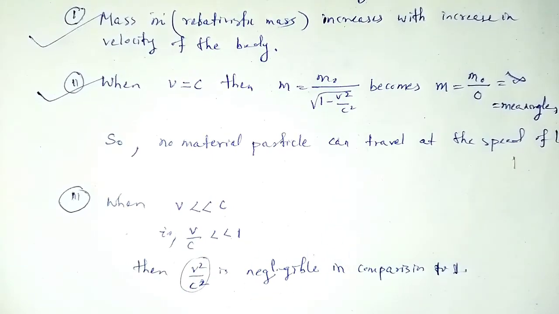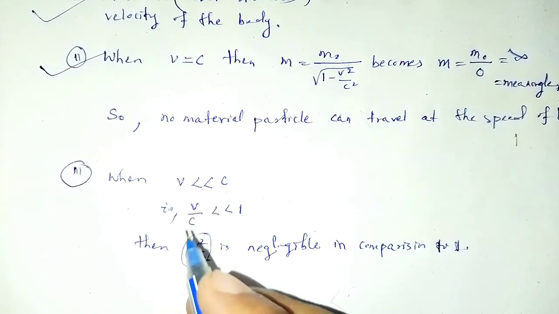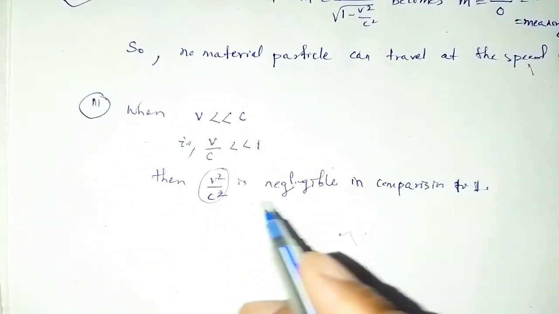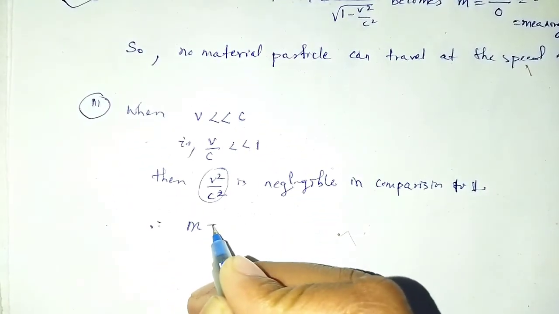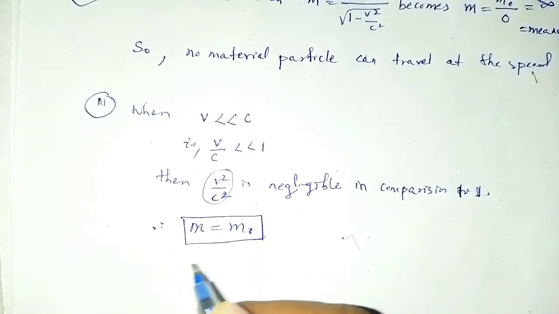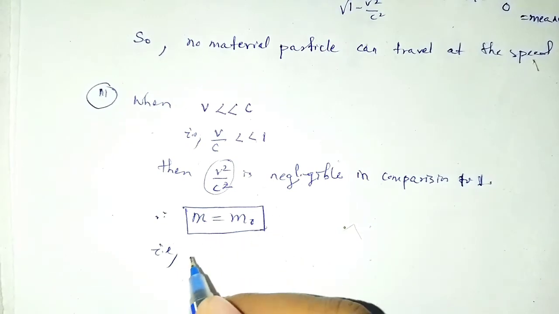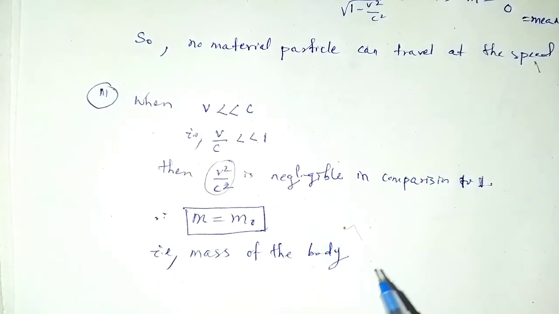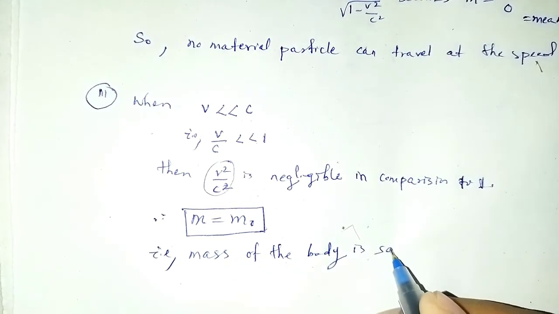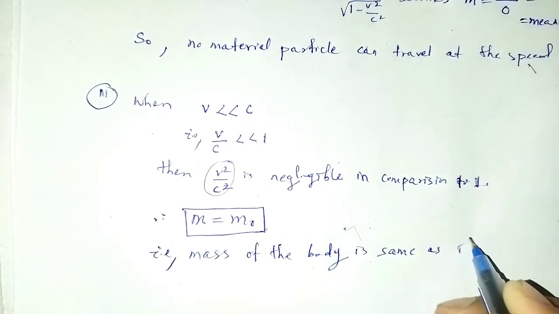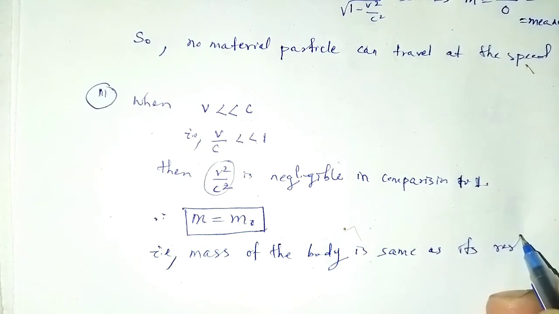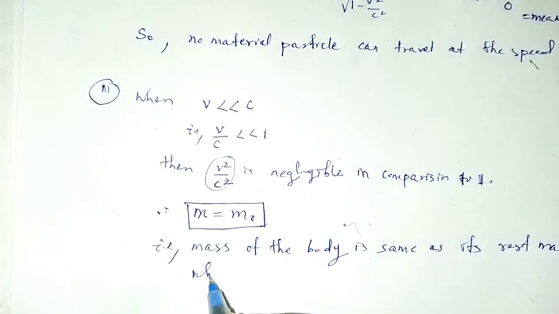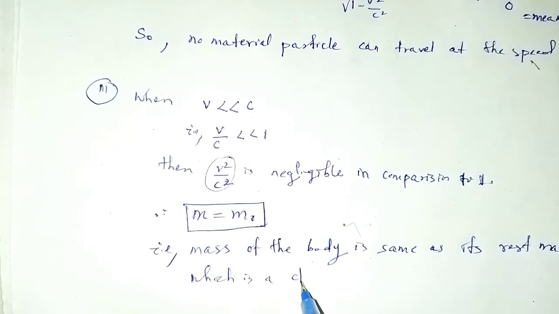So neglecting that term in the denominator part of the relativistic equation, therefore m is same as m0, that is the mass of the body is same as its rest mass, which is a classical result.